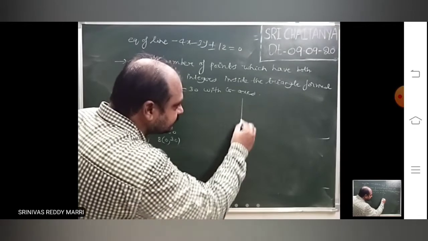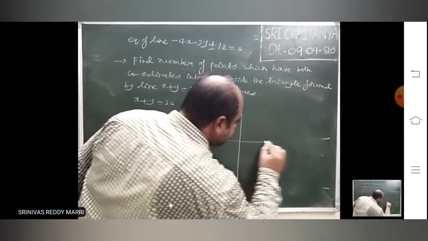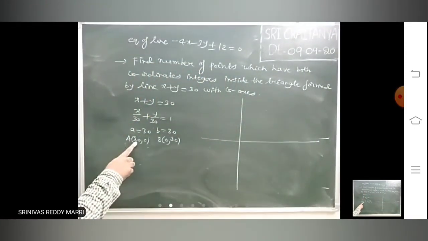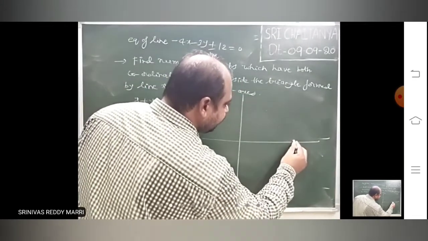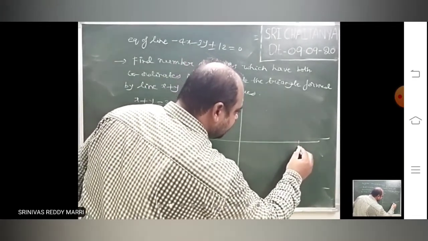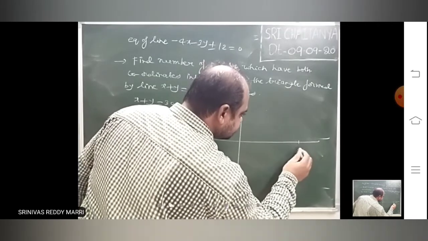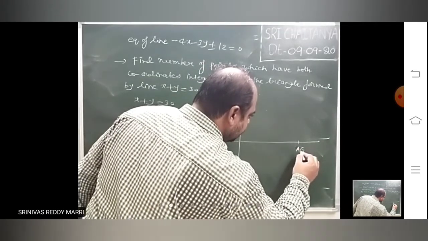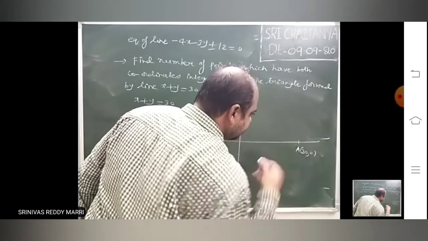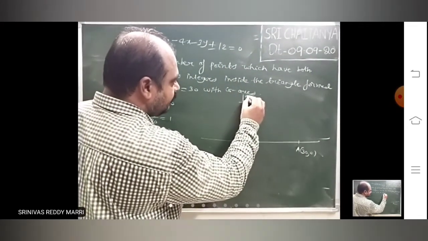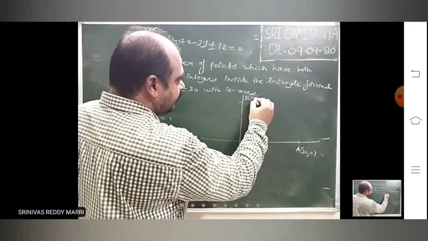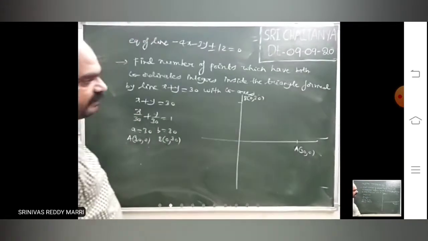How to plot the line is by converting into intercept form. You mark this point, let us say arbitrarily, scaling accordingly. So this is the point where it intersects the x-axis, and this is the point where it intersects the y-axis.